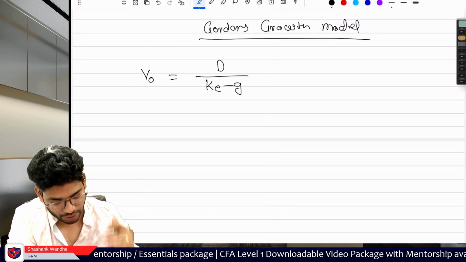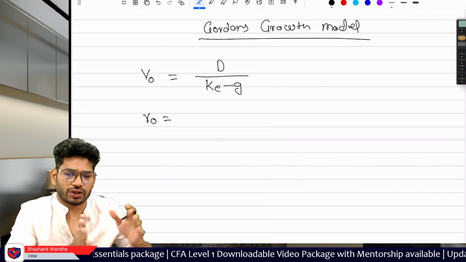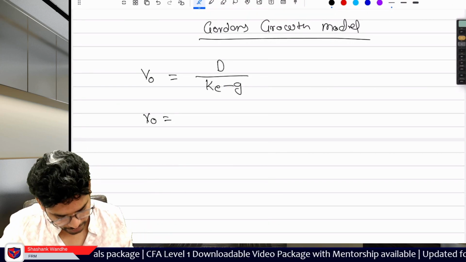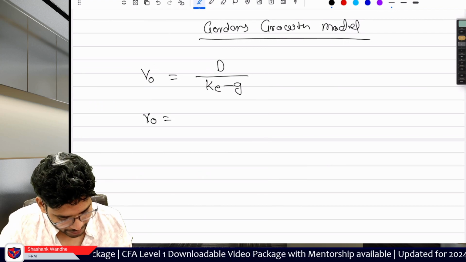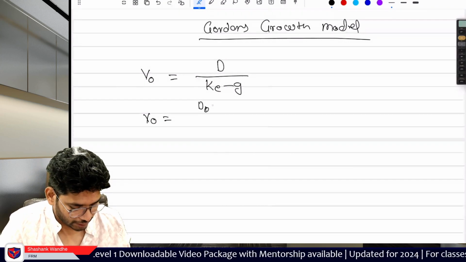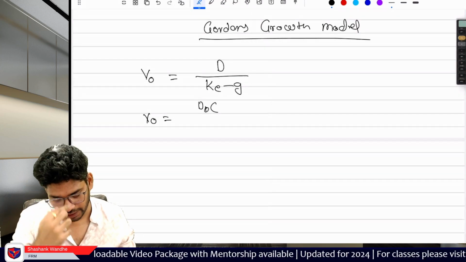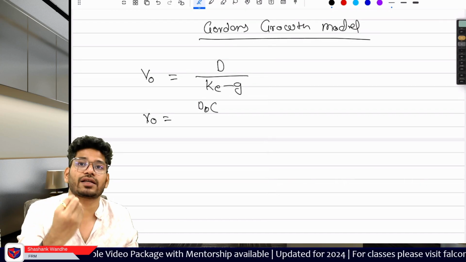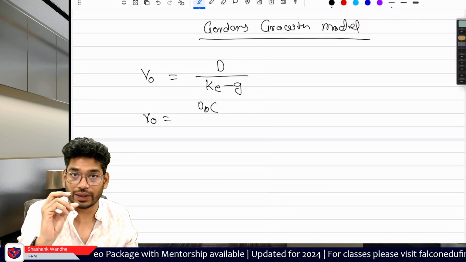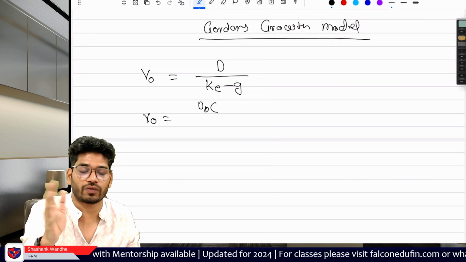Now the assumption goes like this. If I provide you a longer formula, just at the surface level, it starts like this. D0 is the current dividend or the past dividend paid by the company, and the assumption is there is growth in the dividend. In dollar terms, the dividend is not going to be exactly the same; it will increase.